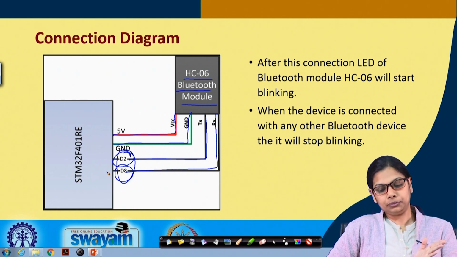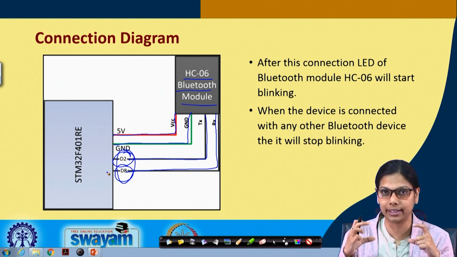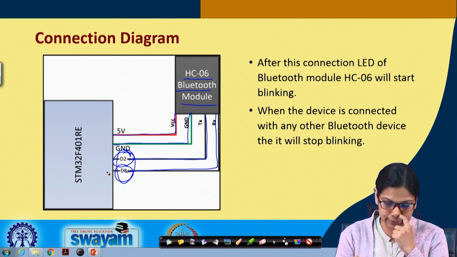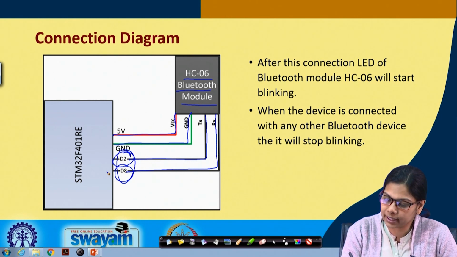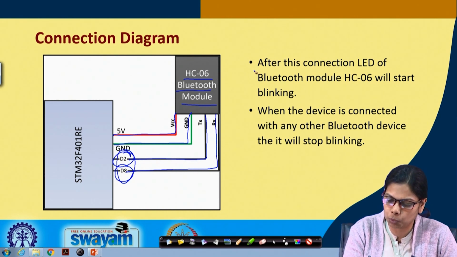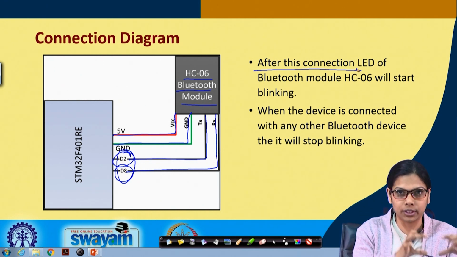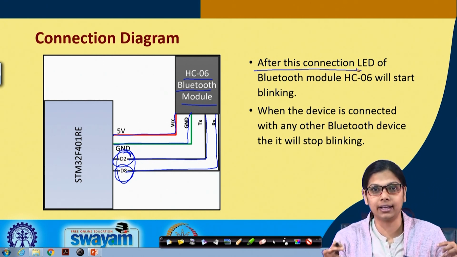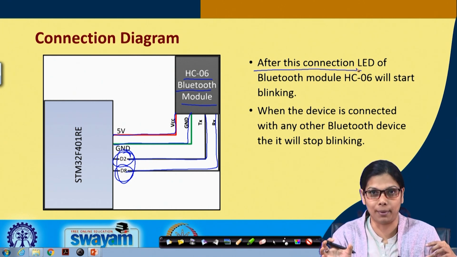Now, I will show you in the demonstration exactly what will happen when you connect a Bluetooth module, but this is what you will understand when you connect it. Once you have the Bluetooth module with your device, you will connect it with the Bluetooth of your mobile phone.